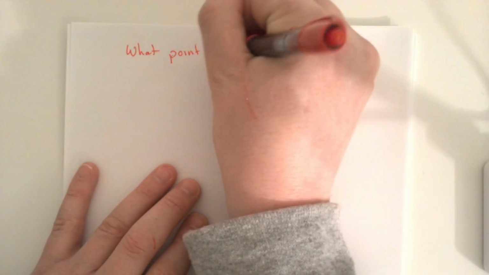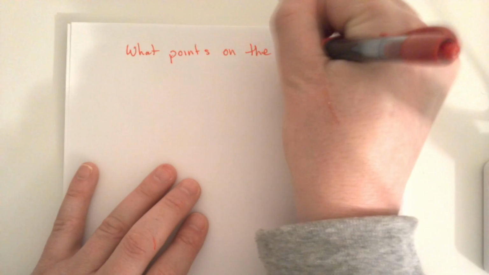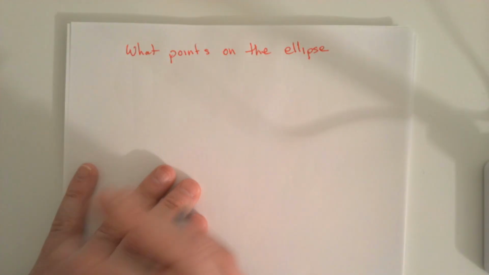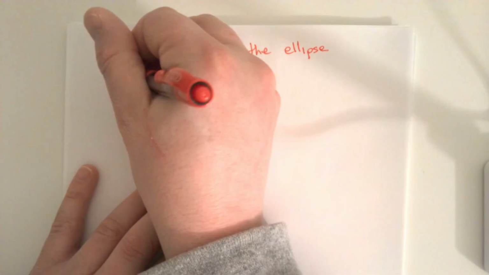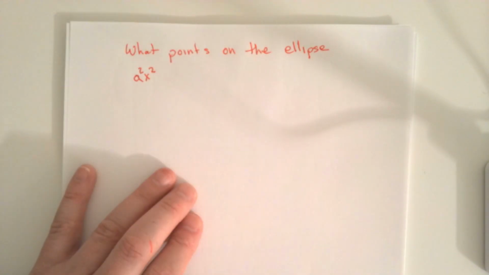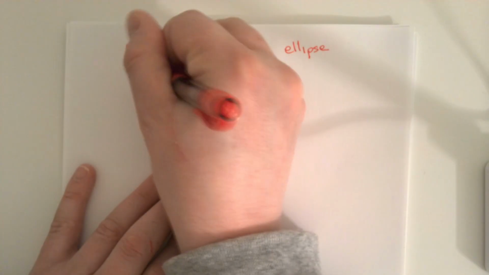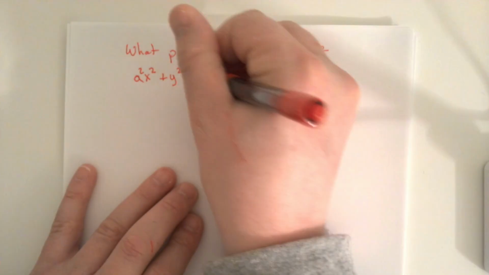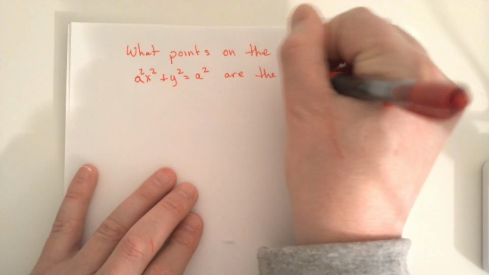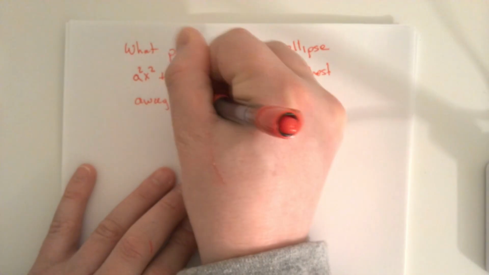Do the same thing and ask what points on the ellipse, so we'll change the 4 to some number, what points on the ellipse a squared x squared plus y squared equal to a squared are the furthest away from 1, 0.